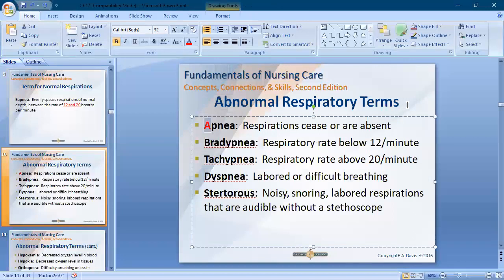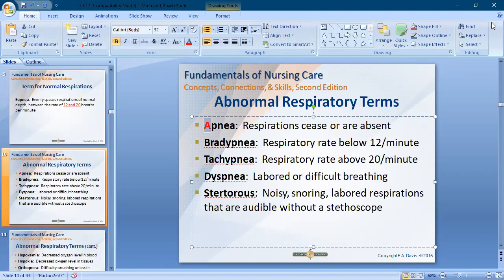Apnea means respiratory rate is absent. More accurately, when respiration ceases or stops, absence is called apnea.